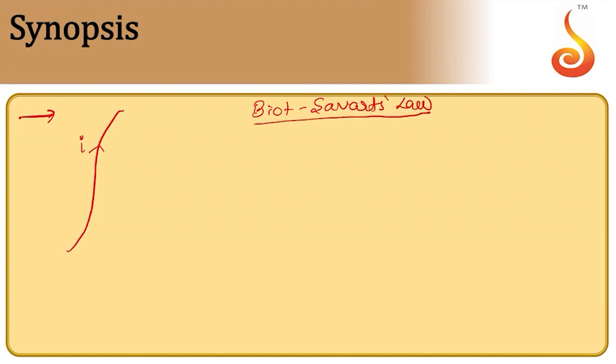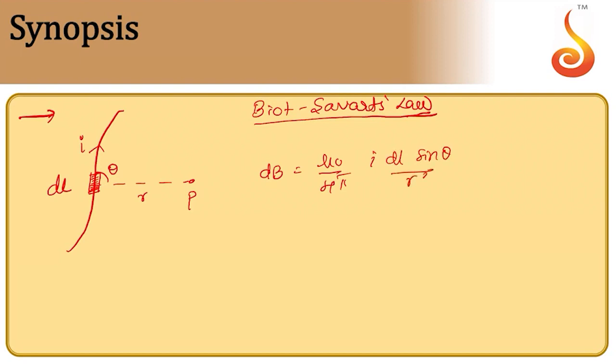According to Biot-Savart's law, it deals basically with the magnetic field produced by a small element of a current carrying conductor. Suppose we consider a current carrying part whose length is dl, and assume that the point is at a distance r, theta being the angle between these two vectors, then the magnetic field at this point is given by mu naught by 4 pi I dl sin theta divided by r square.